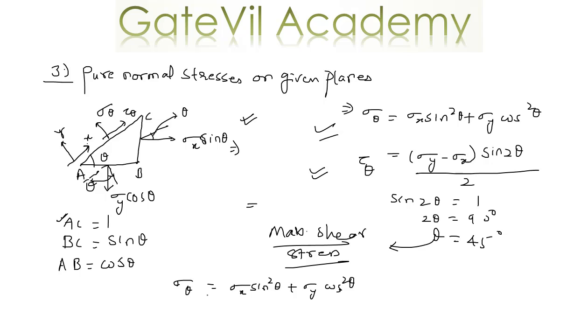To find the maximum and minimum values of sigma theta, you can differentiate sigma theta with respect to theta, which is the only variable in this equation. So del sigma theta by del theta: sigma x sine square theta will become 2 sine theta cos theta, and sigma y cos square theta will become 2 cos theta and minus sine theta.